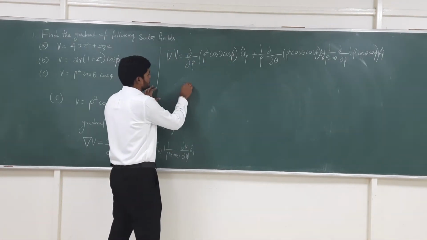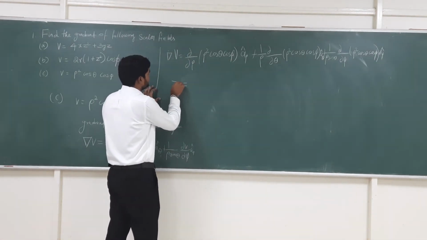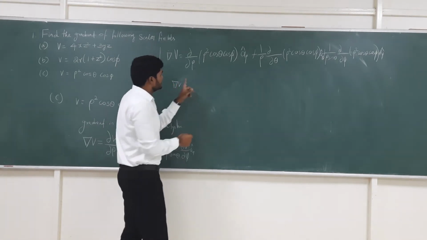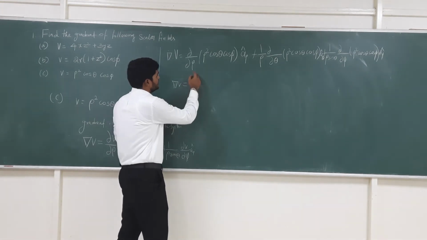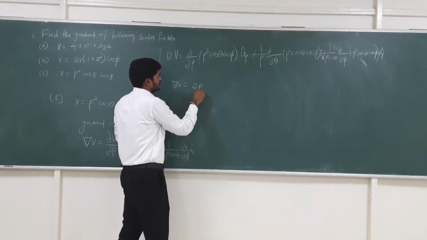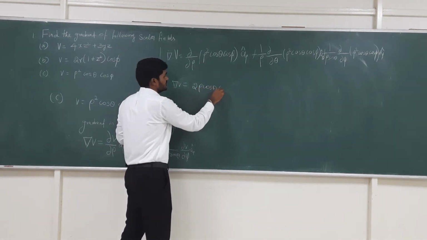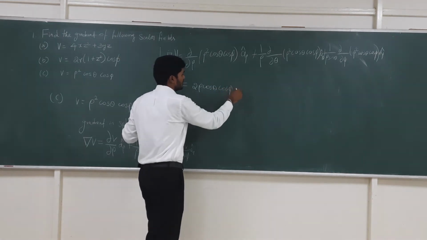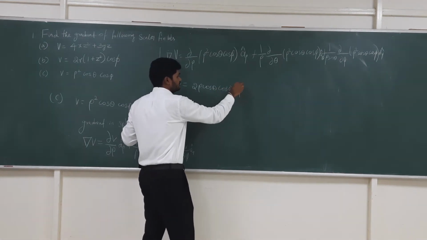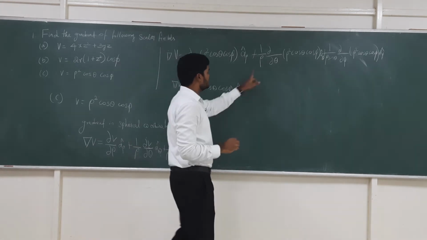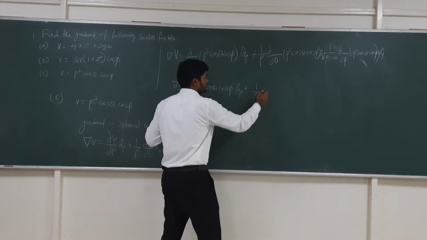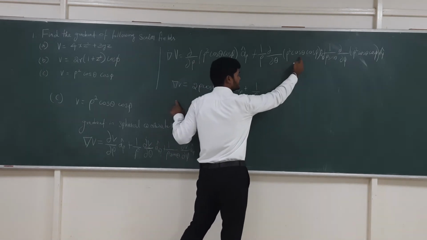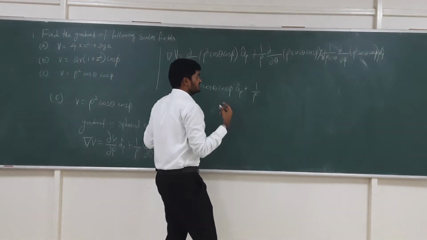So now differentiate each term. Differentiate this term with respect to ρ. It becomes 2ρ cos θ cos φ a_ρ cap. Plus, differentiate this term with respect to θ, 1/ρ. If we differentiate cos θ with respect to θ, it becomes minus sin θ.